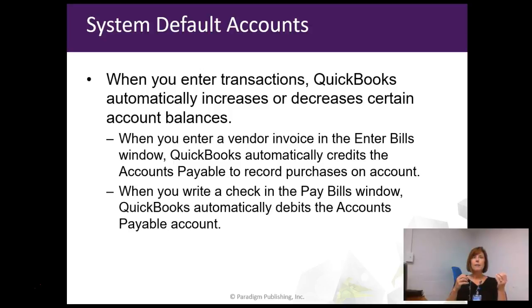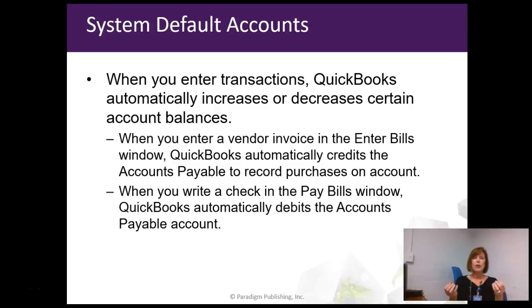So if we were doing this in a manual system, we would have to manually post to our various accounts, our cash or our accounts payable or all of those things. QuickBooks automatically knows to some extent what pretty standard transactions ought to be posted to. So when you write a check, for example, QuickBooks knows that that's a credit to cash.